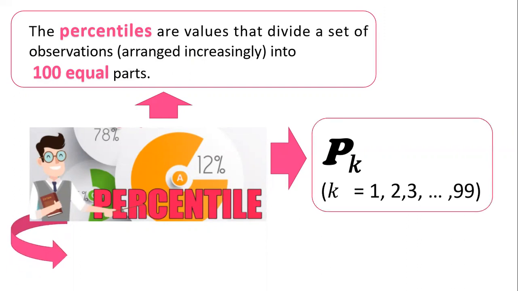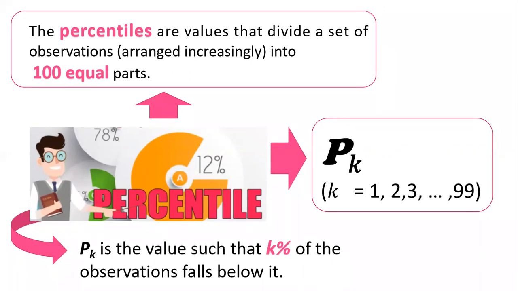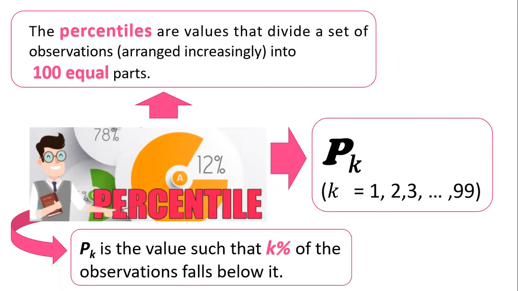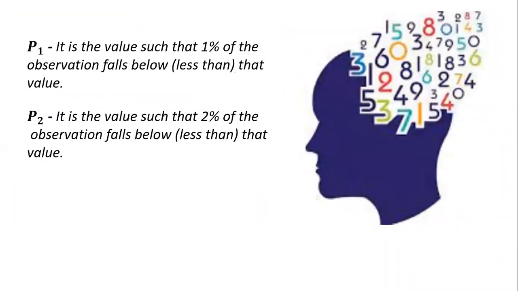The kth percentile is interpreted as the value such that k% of the observations fall below it. For illustration, the first percentile is the value such that 1% of the observations fall below it. When we say falls below, it means less than that value.